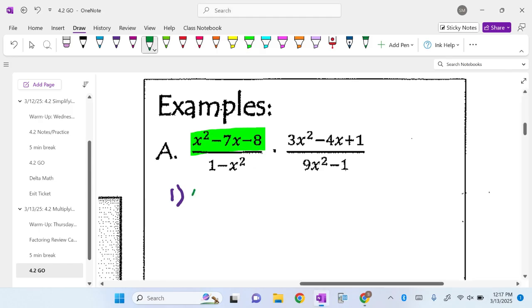So that means this would factor to x minus 8 times x minus 1, or plus 1. Oh, yes. Oh, that's right. You weren't here yesterday. So that's the top part.